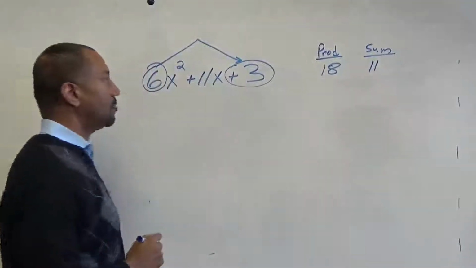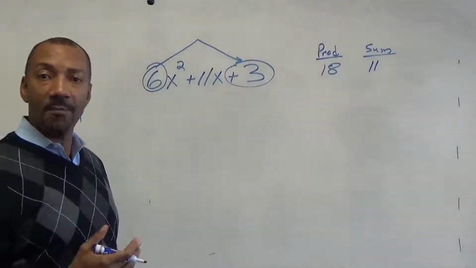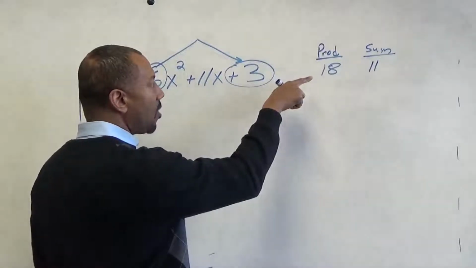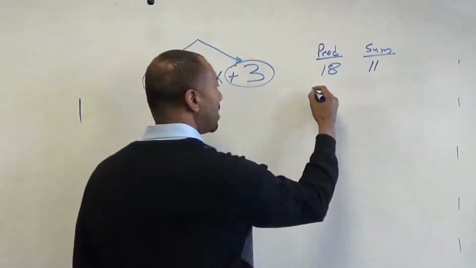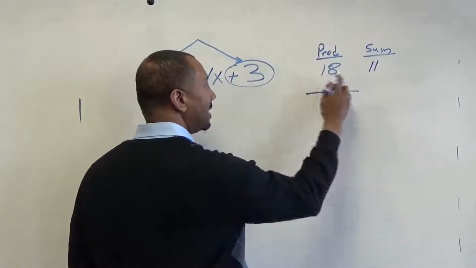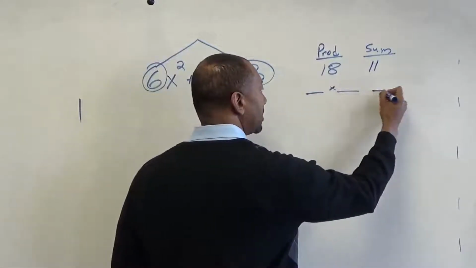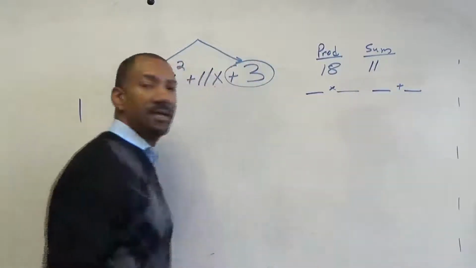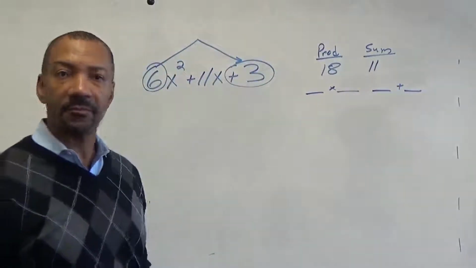So there we go. For the moment, let's not look at this anymore. We're going to focus on finding two numbers that will multiply together to give me 18. At the same time, those same two numbers must add up to give me 11.